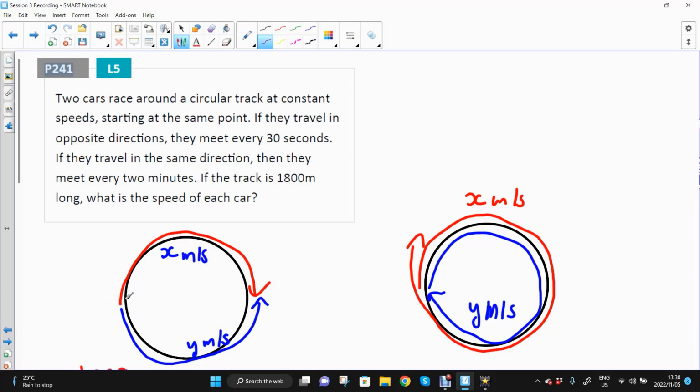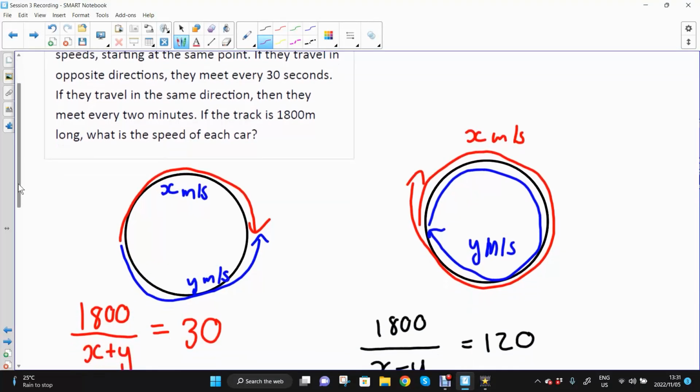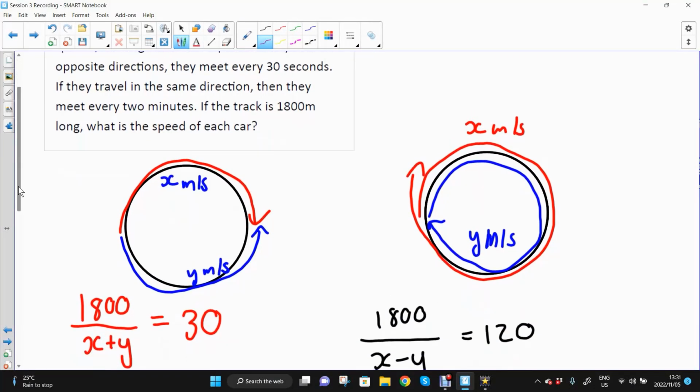And I know that they start at the same point and they drive in different directions and meet up after 30 seconds. So the time that this is taking place is the total distance, which is 1,800. That's the complete distance around this track.